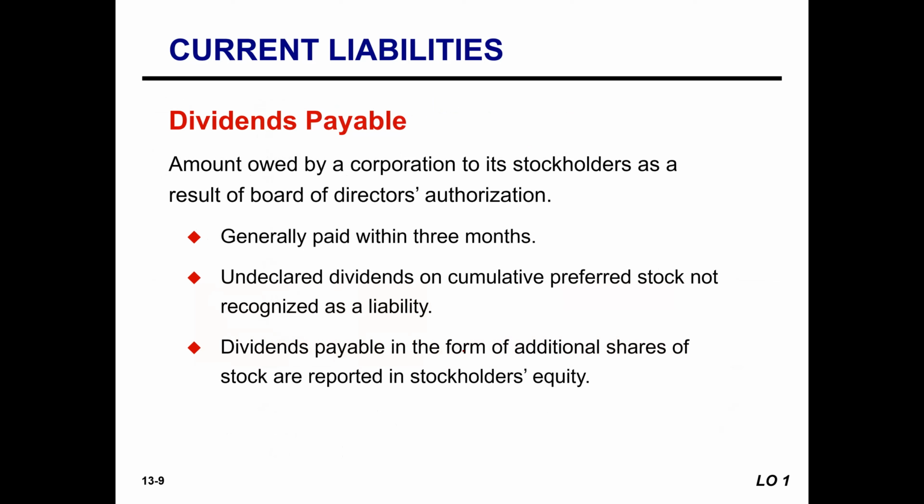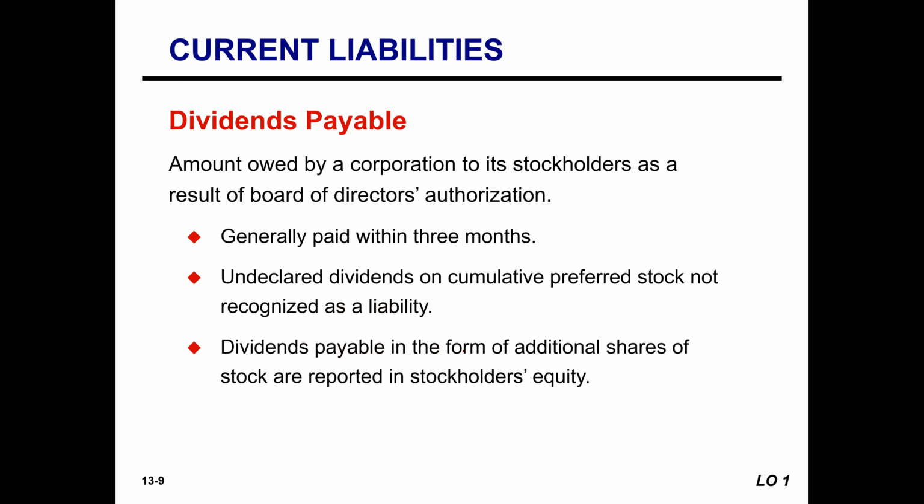Okay, dividends payable. Again, we talk about dividends payable more in chapter 15. In chapter 15, we go over the stockholders' equity portion of the balance sheet more in depth. So we go into dividends.